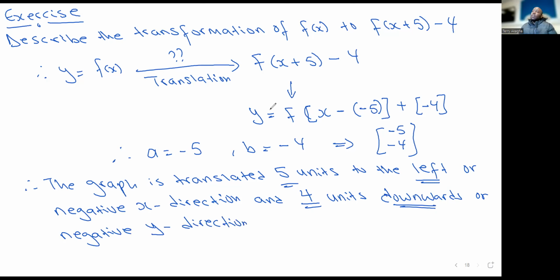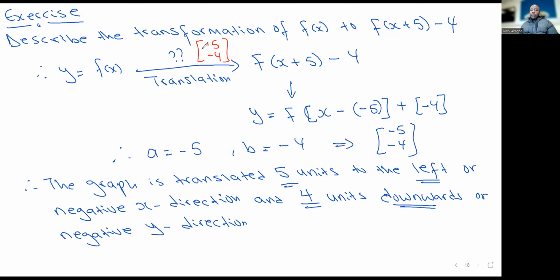Okay, so therefore we can now say the real translation that occurred here is what? -5 and -4. So that means it translated 5 units to the left, which is the negative x direction, and 4 units downward, which is the negative what?